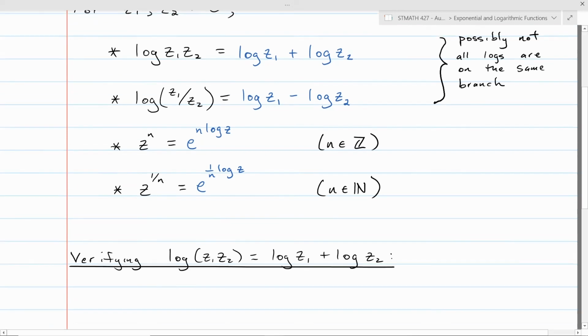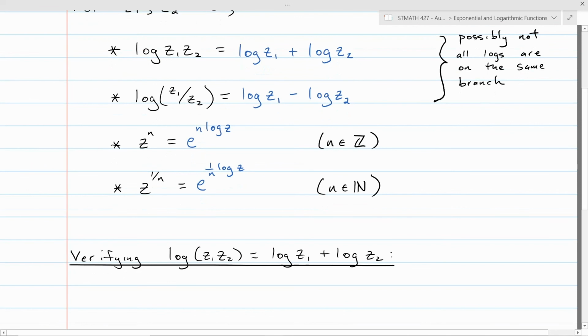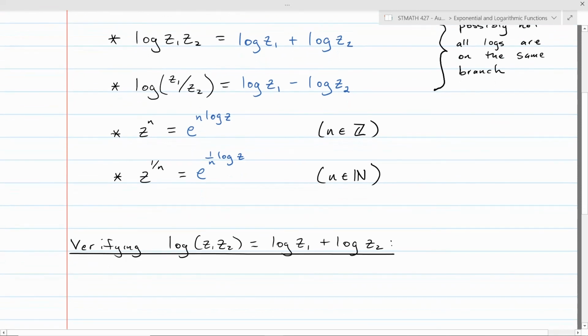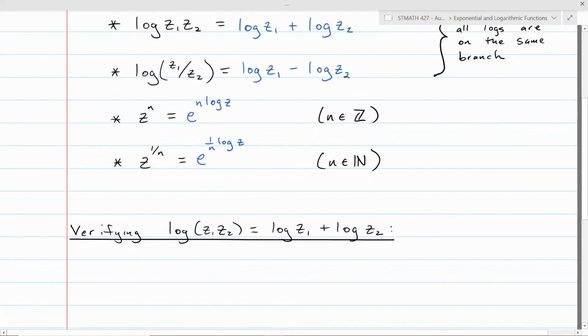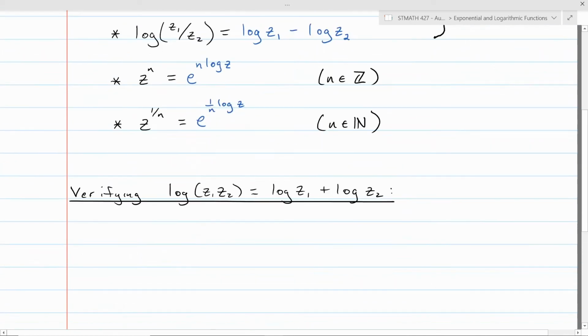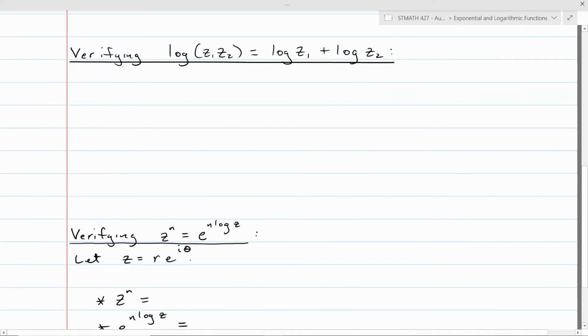All right, so let's just start with the first one. Let's verify the sum property, or the product property, whichever one you want to call it. The log of z1 times z2 equals log of z1 plus log of z2. Let's verify that. Well, you just follow the definition.